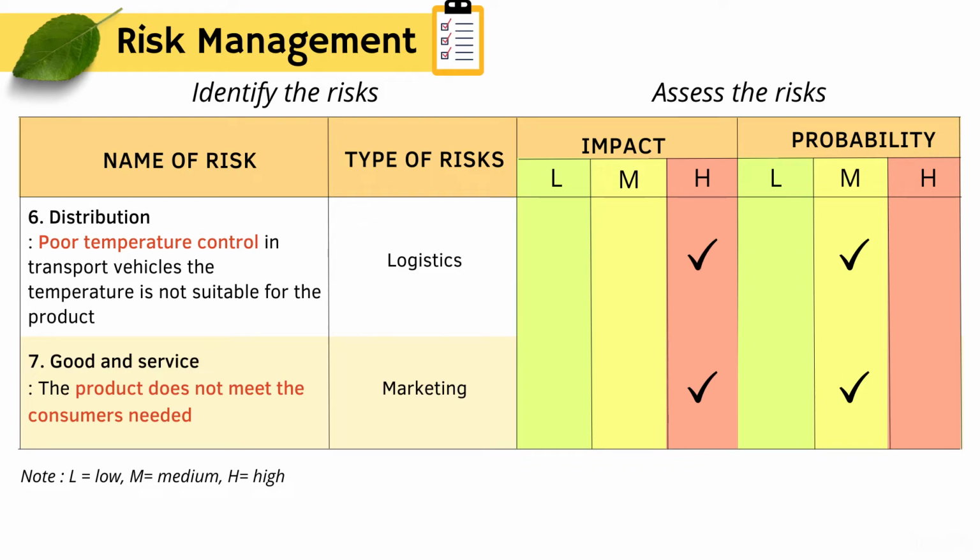And the last risk that can occur is the marketing risk, where the product does not meet the consumer's need before or after launching to the market. This type of risk also has the same impact and probability as the distribution.